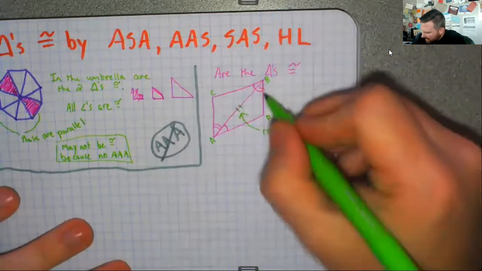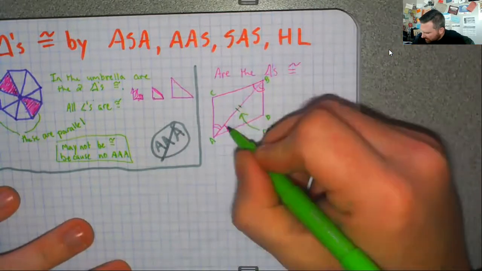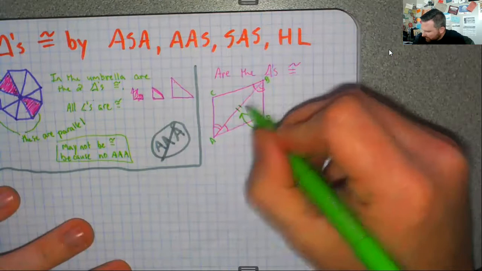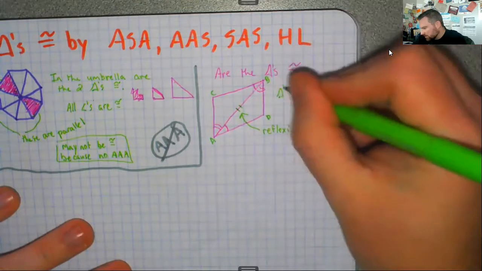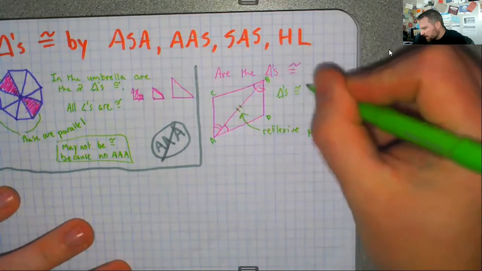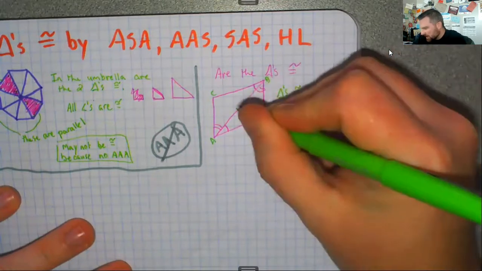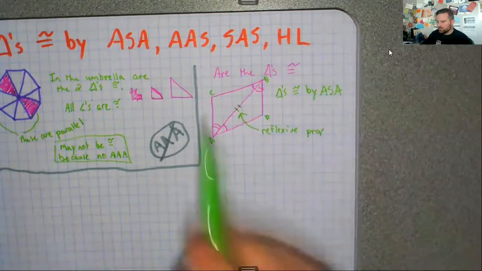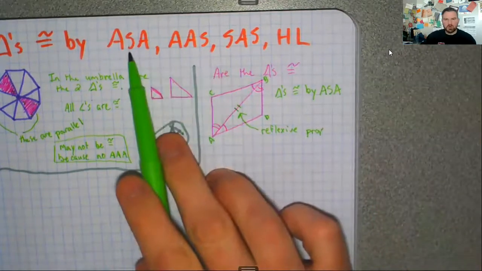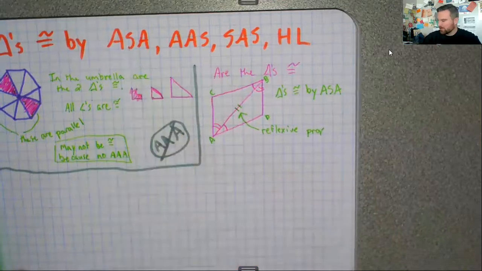So here I have an angle, a side, and then an angle, side, and angle. So yes, these are congruent. So triangles congruent by angle, side, angle. Okay, an angle, side, angle was one of them that we have talked about.